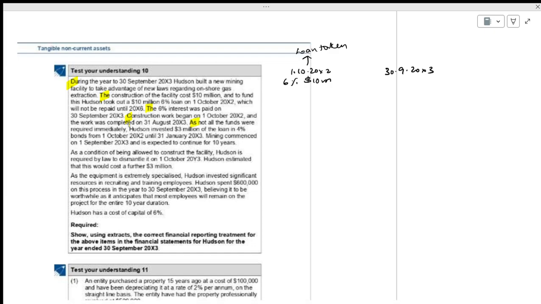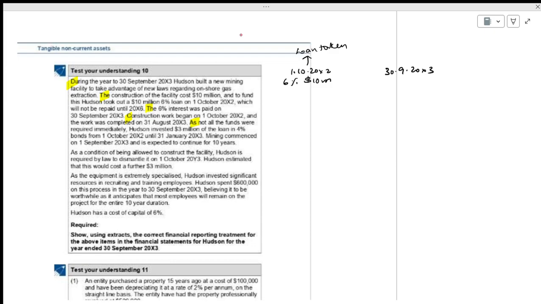As not all funds were required immediately, they invested 3 million in 4% bonds from 1st October till 31st December, so you have interest payable as well as interest receivable. Just remember IAS 23 borrowing costs.